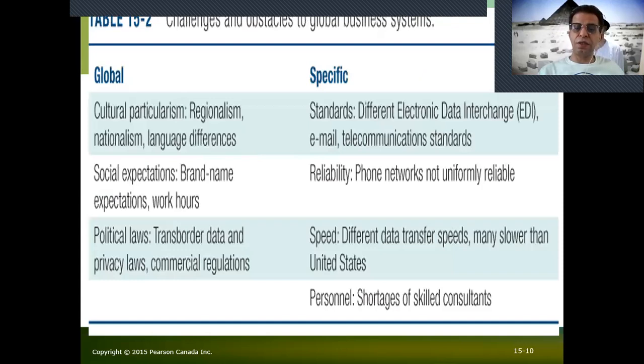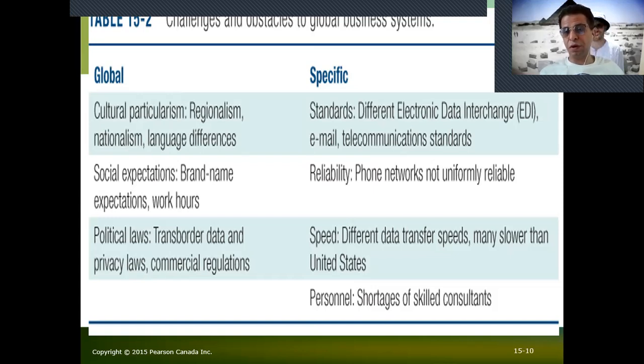Among the challenges and obstacles to the global business system, at the global level we look at, for example, cultural particularisms, regionalisms, nationalisms, and language differences. We also look at social expectations, like brand name expectations and work hours. We're also looking at political laws, like transborder data and privacy laws, and commercial regulation.